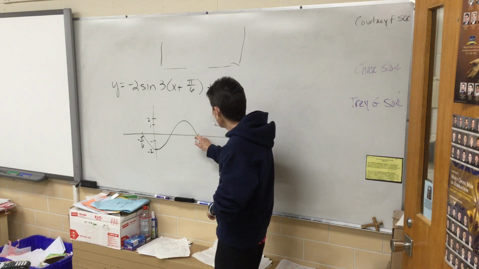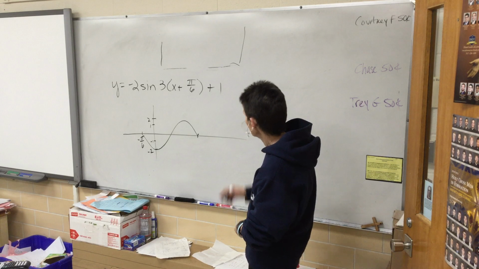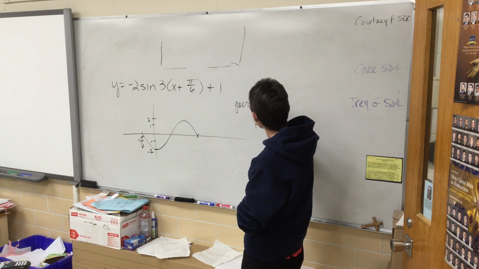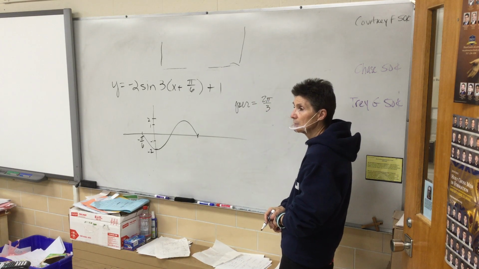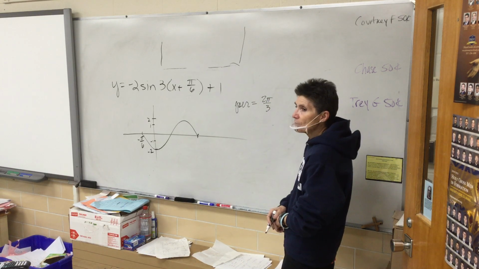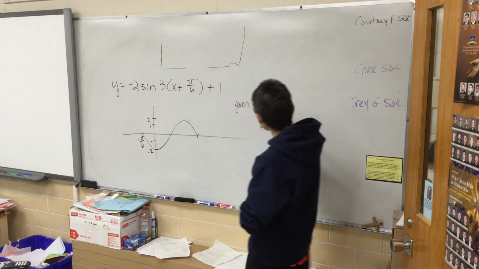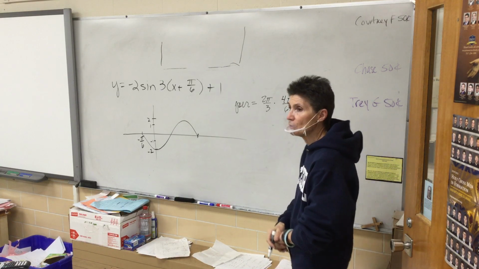Now, I need to know where it ends. So I'm going to find my period. So my period is 2 pi divided by 3. Which, just for the fun of it, since that's a 6, I'm going to think of this as 4 pi over 6. Would that be okay with you?